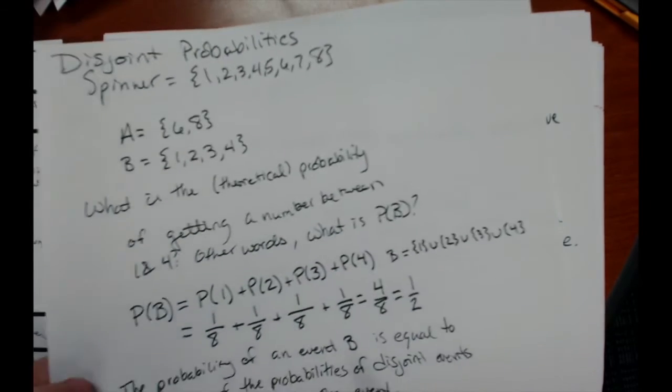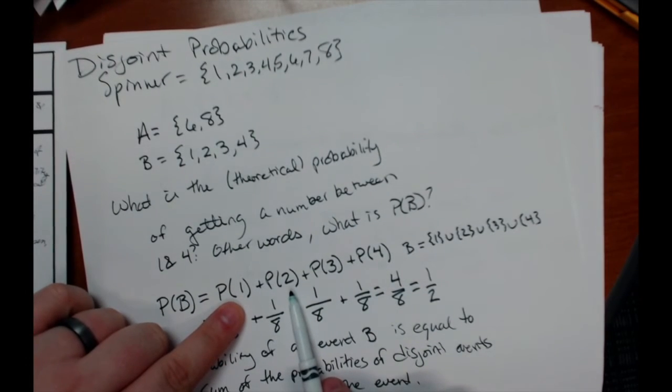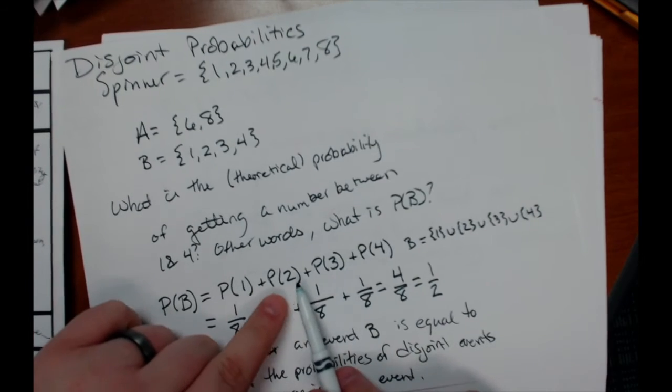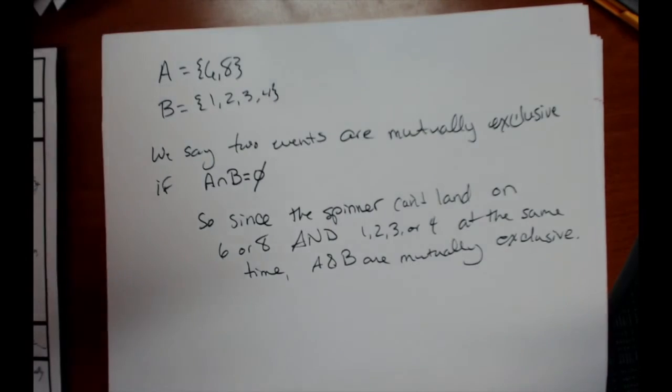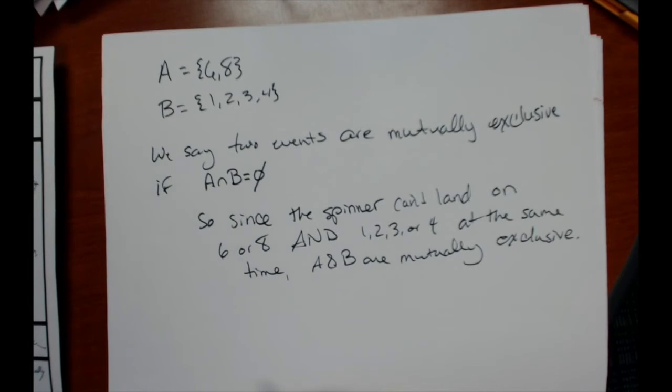And so notice the probability of 1 and the probability of 2 are mutually exclusive. The probability of 2 and 4 are mutually exclusive because they can't happen at the same time.